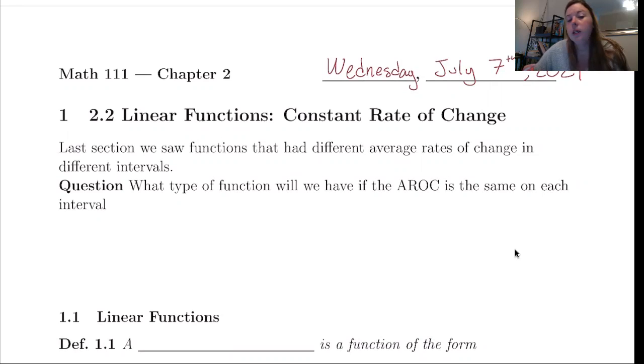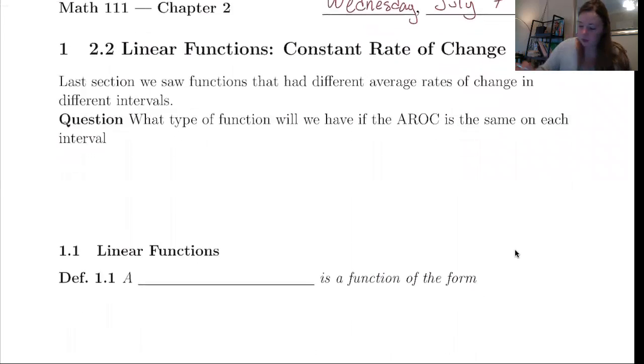Now we're going to hone in on what we've just learned about average rate of change to refine our definition of a linear function rather than talking about common difference and stuff like that. So last section we saw functions had different average rates of change in different intervals. Like the tile one, she did 21 in the first little bit and then like 47 over the other 4 hours.